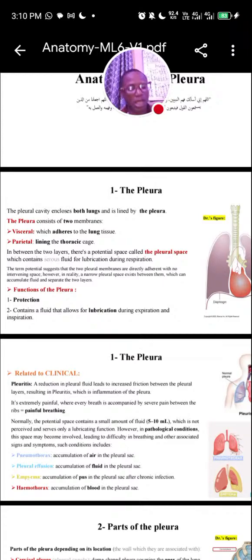Now we say the pleura is divided into two, the visceral and the parietal. The visceral lines the lung, while the parietal lines the thoracic cage. Do you follow it now? So the parietal separates the lungs from other structures in the thorax.